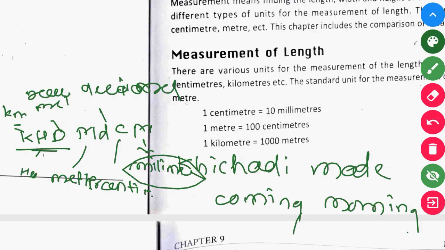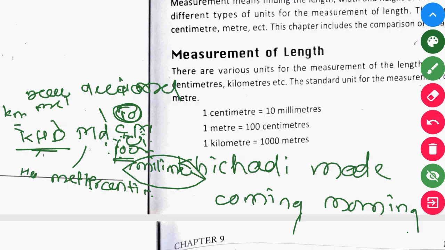Now see, 1 centimeter is equal to 10 millimeter. Decameter means 10 centimeter is equal to 1 decimeter, and 100 millimeter is equal to 1 decimeter. These two zeros you have to add.